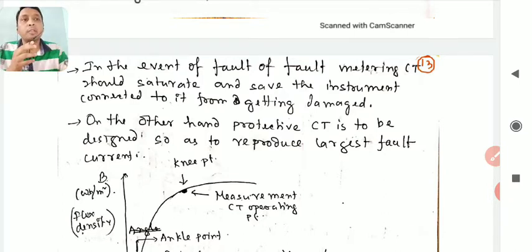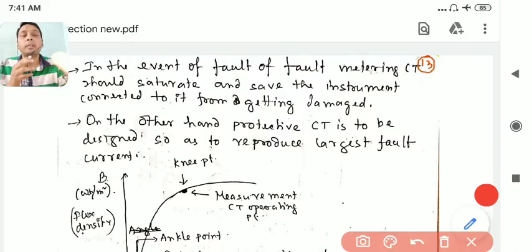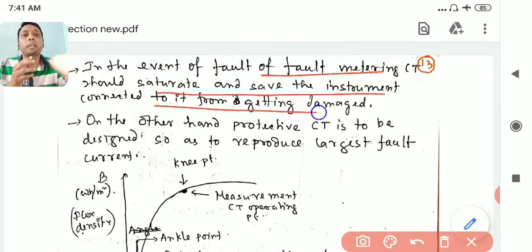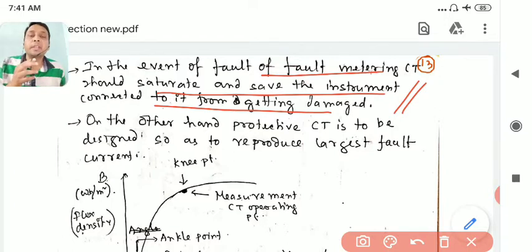In case of fault, your current is going to be very high. If my CT doesn't saturate, then my I2 will be very much higher, so it can damage the instrument that you have connected for measuring, for indicating, for displaying.